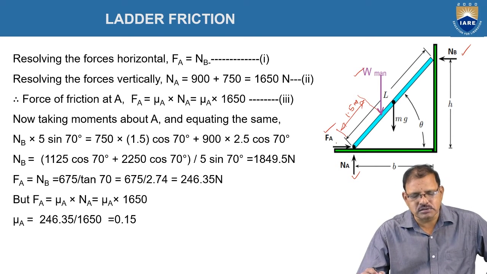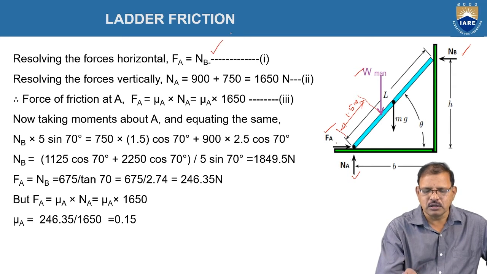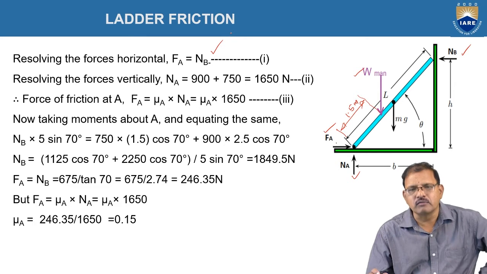Now resolving the forces horizontally, only 2 forces are acting. Frictional force at A, acting toward the right side, should be equal to the normal reaction at B, Nb, toward the left side, or Fa is equal to Nb as shown in figure 1.